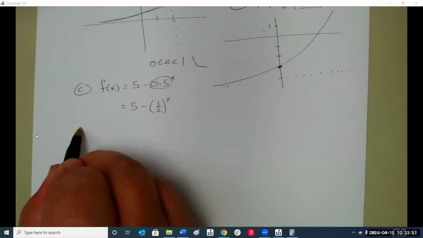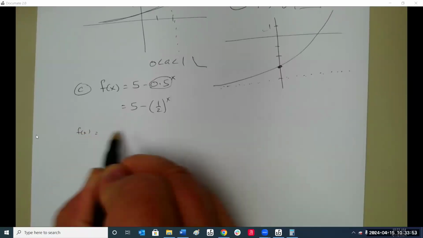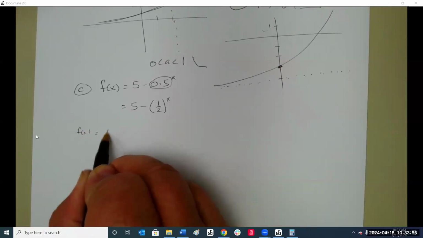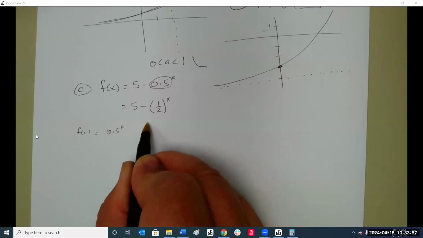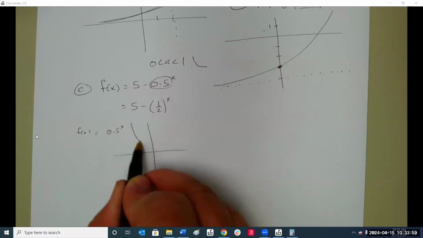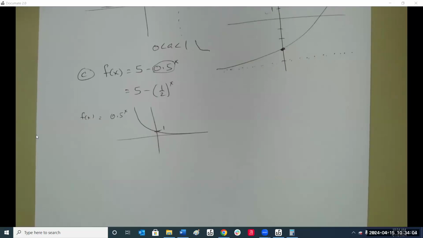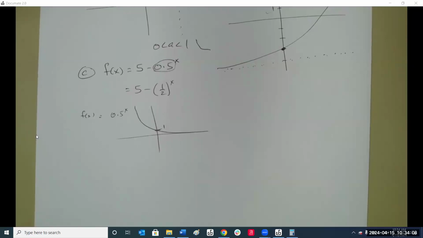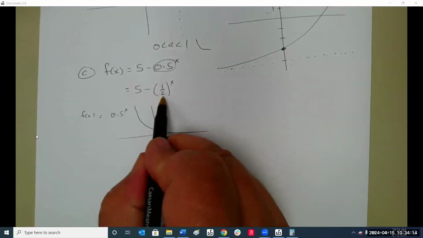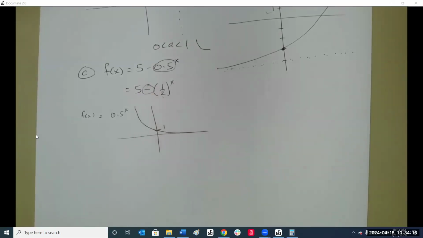So the first thing we do is look at 0.5 to the x. That graph looks like this. It crosses at 1. Transformation-wise, what happens to it next? What does that negative do to it?